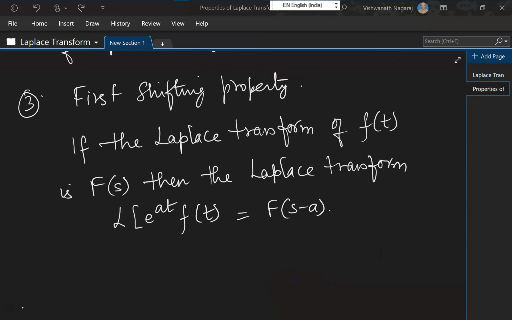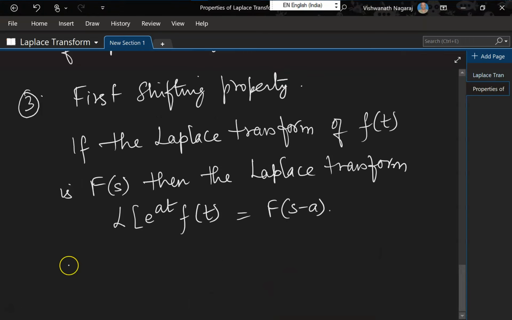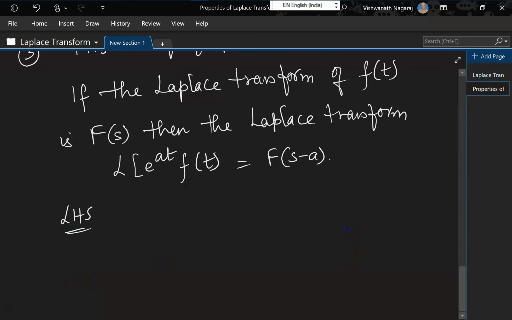Let's proceed with one side, the left hand side, and see whether we reach the right hand side. So remember, we write it as the integral from 0 to infinity of e to the power of minus st f of t dt in general, but here the function is this entire thing, e to the power of at f of t, dt.